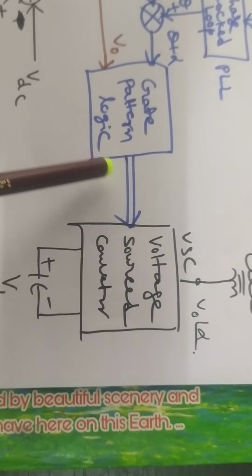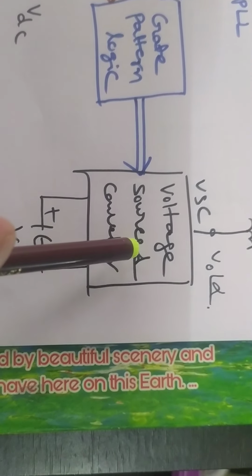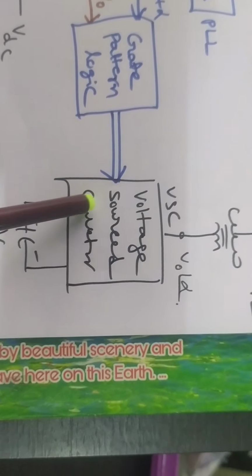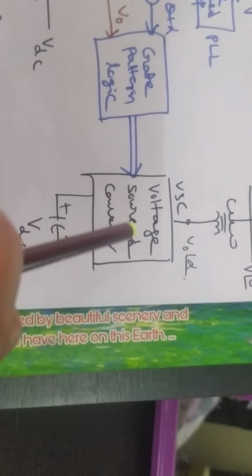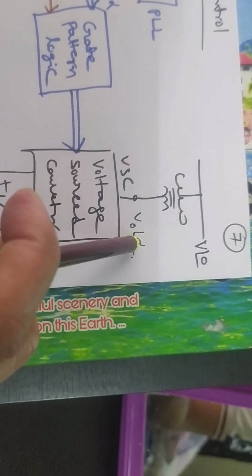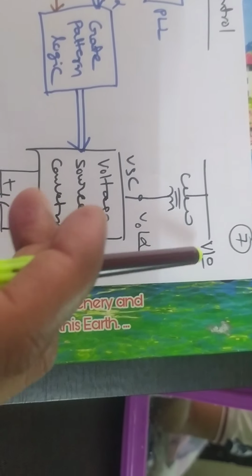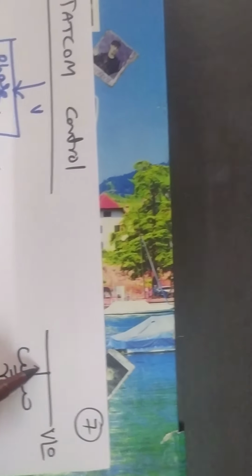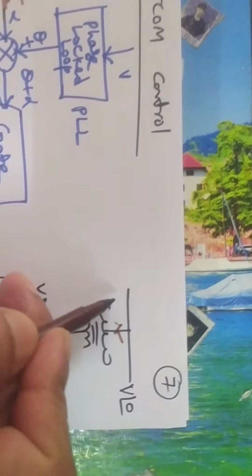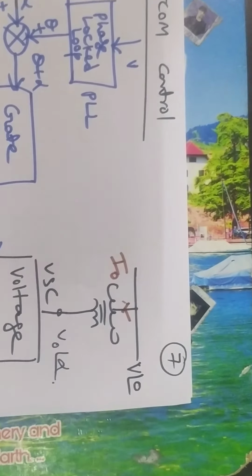This gate pattern logic appropriately gives the gate signal to the GTOs, so that it will maintain the required V0, because of the V0 value the current will change. So the current through the VSC will be I0. So the I0 will be changed.